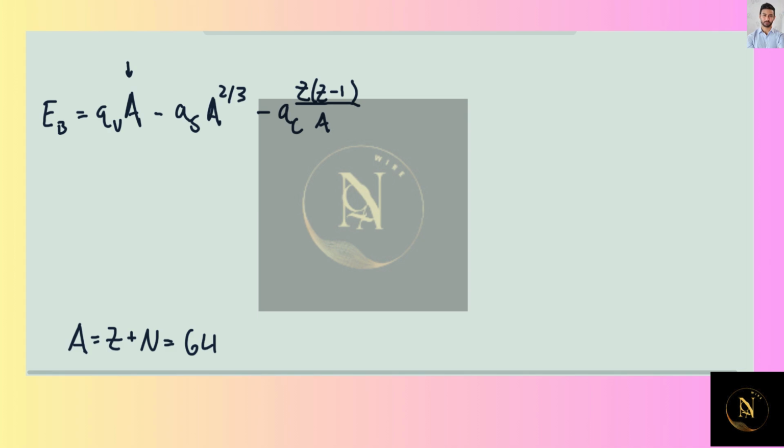Let's write this a little more clearly. There we go. Okay. And it's basically just based around the electrostatic repulsion between protons, because you are bringing many positively charged particles into close proximity.